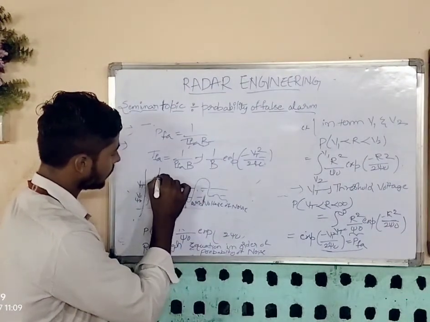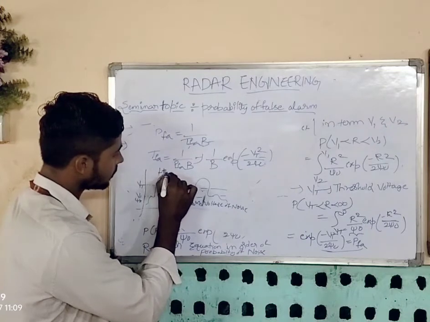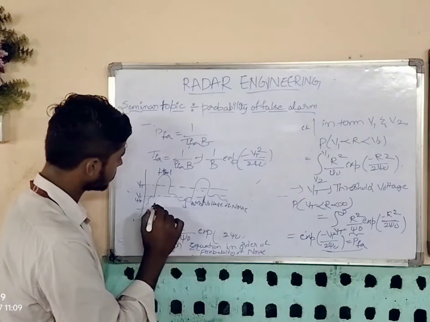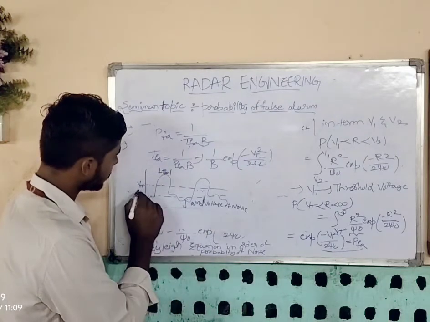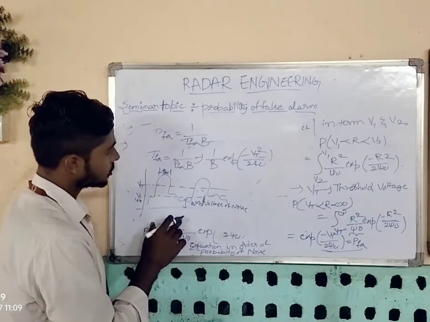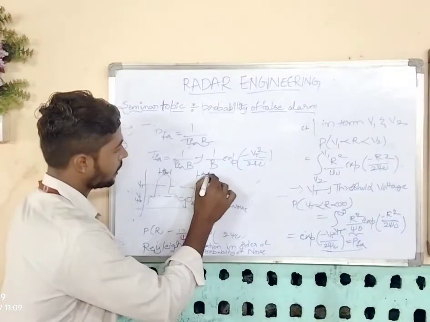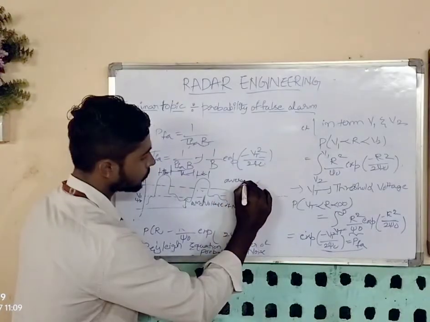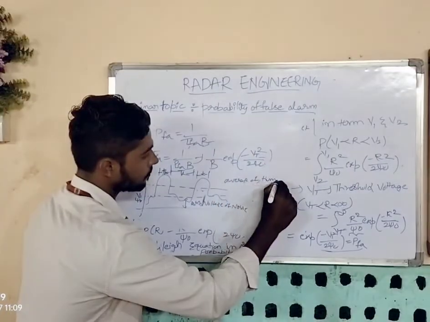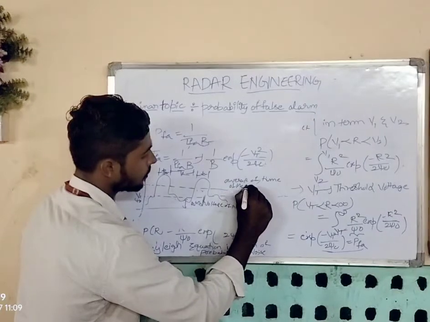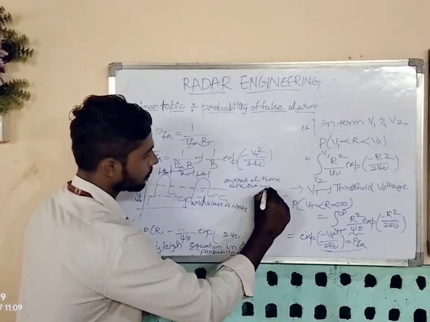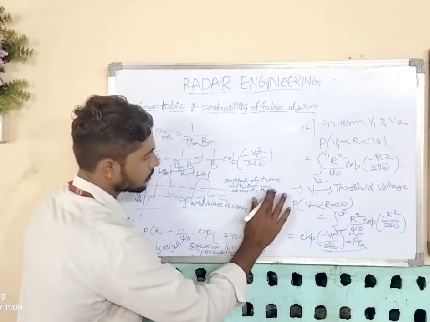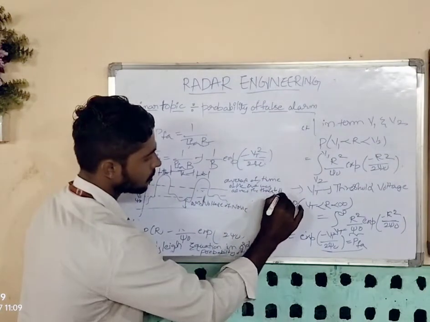Here small t of k is called the peak amplitude of the first wave of the noise which crosses the threshold voltage, and capital T of k is called the average time of the wave crossing the threshold voltage.